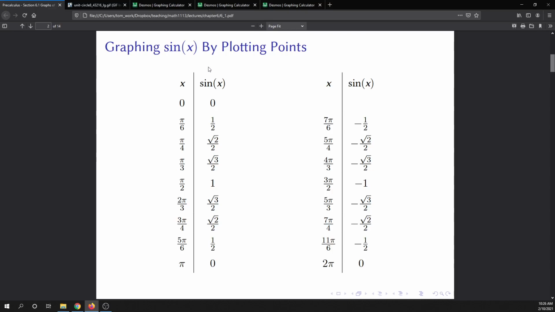Okay, so one thing you might notice that's different from what we were doing previously is that now we are using x as the variable that we're using to take the sine of the argument of the trigonometric function. We're using x now instead of t like we were using before.